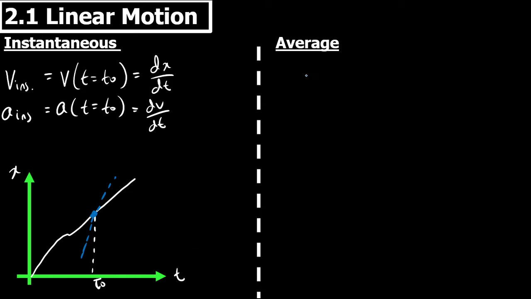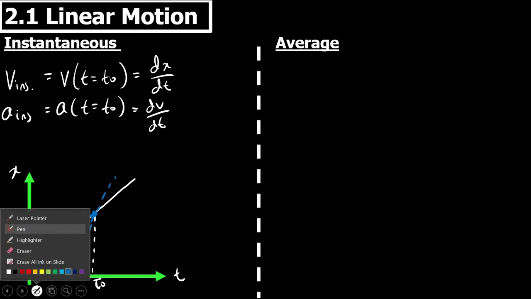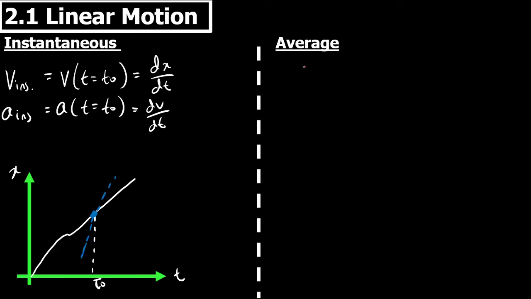Okay, now for the average values of those physical quantities, what we are looking for is v average. It is the value of velocity over an interval. So what interval means is that it's going to be your final displacement minus your initial displacement over your final time minus your initial time, and you can simplify it into delta x over delta t.